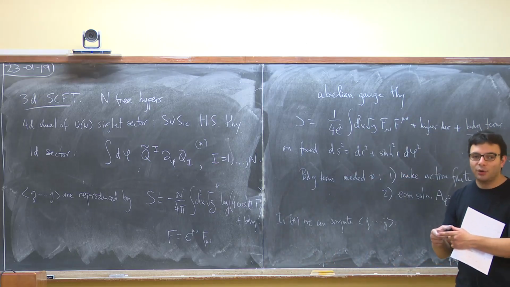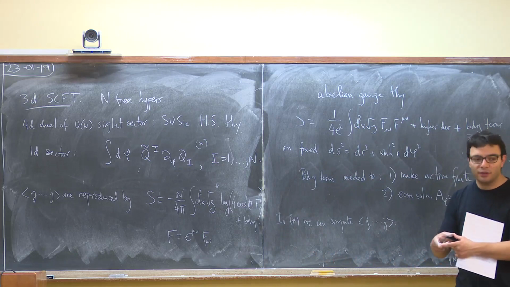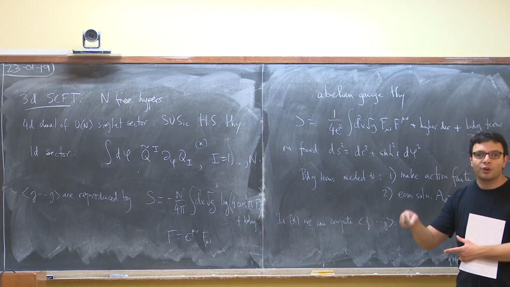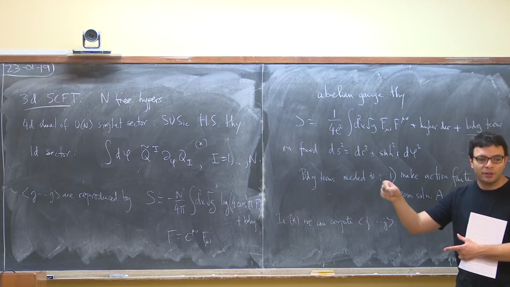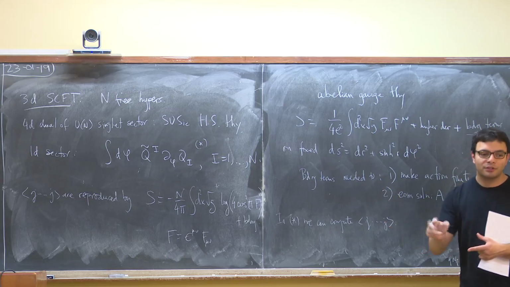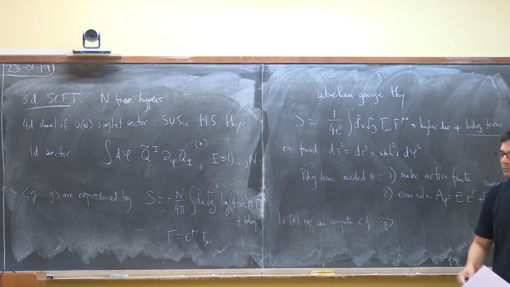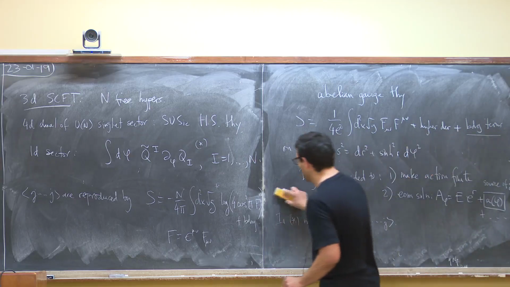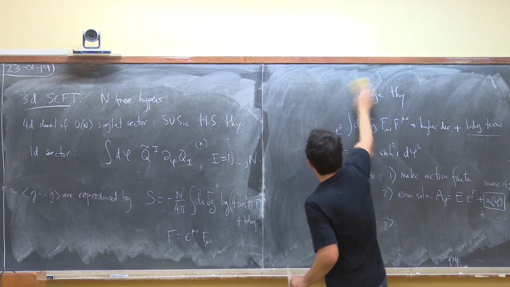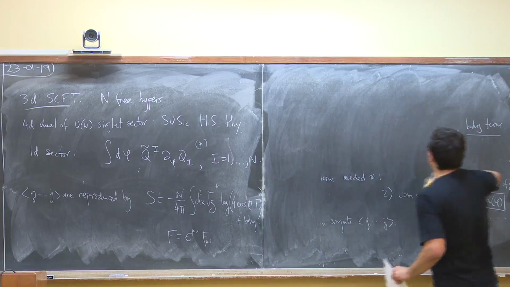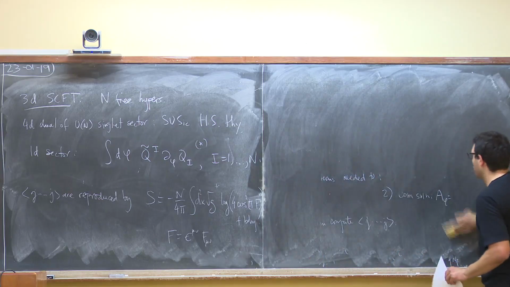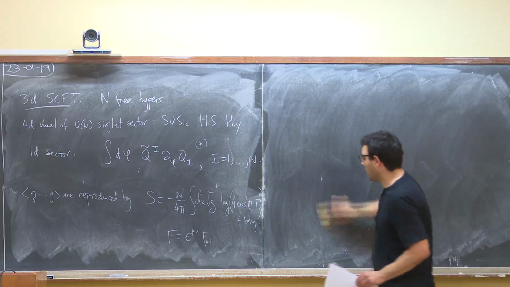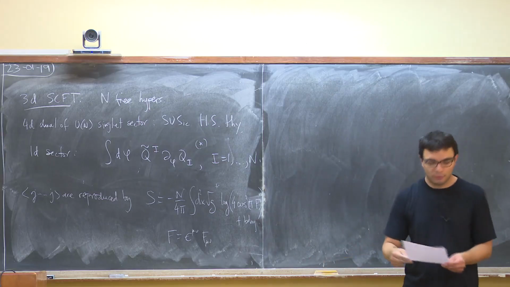And the on-shell action only depends on the holonomy of the gauge field. So there's some path-ordered exponential of e^{iA}, and the ordering dependence just comes from the path ordering. So you can nicely reproduce the field theory formulas from the bulk.